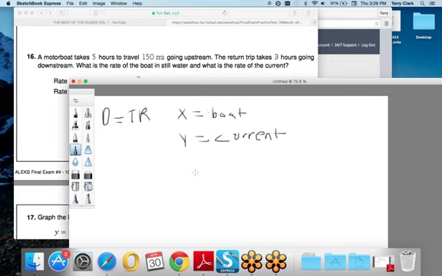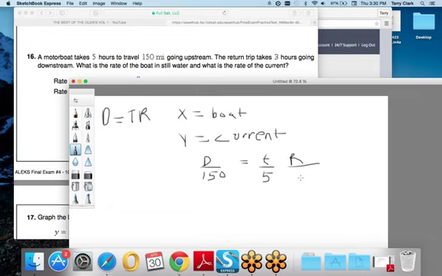Okay. So to figure this out, the distance is going to be 150 miles. That's what the D is going to equal. I'm going to put D up here, and that's going to equal the time times rate. The time is going to be 5 hours.